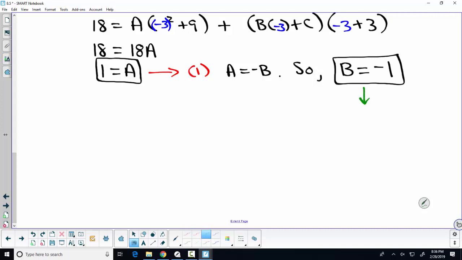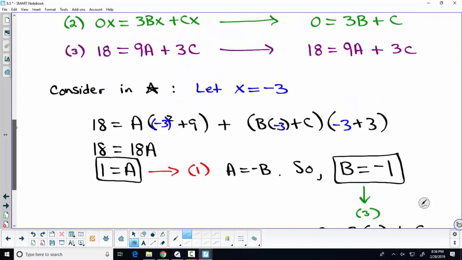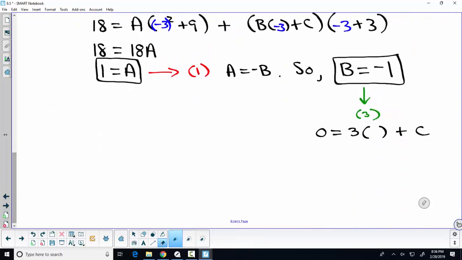So we'll plug this into equation 2. It says 0 is 3B plus C. Yeah, 3B plus C, equation 2. So there's our A, B, and C.